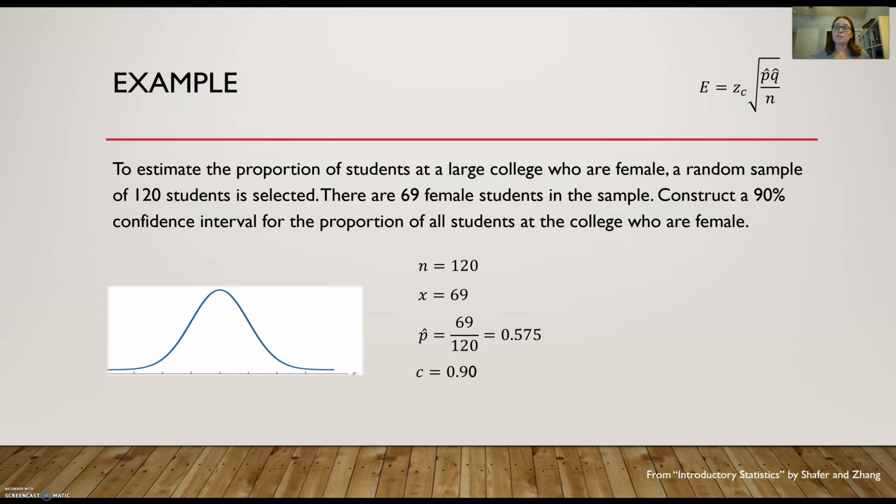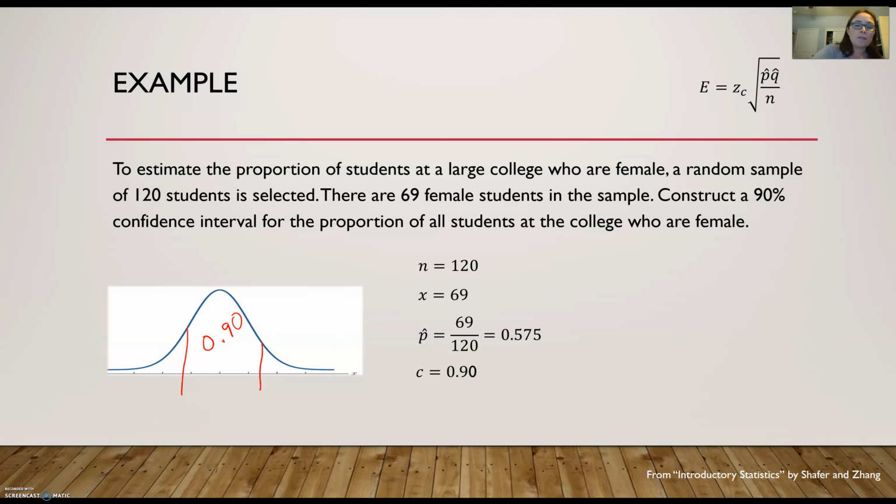So remember, the confidence level is a probability, and it is the area on our normal curve. Specifically, it's the area in the middle of the curve. So 0.90 is the middle portion of my confidence interval.